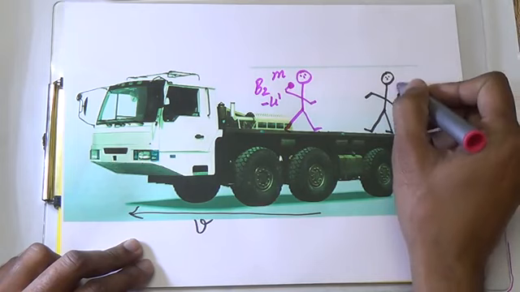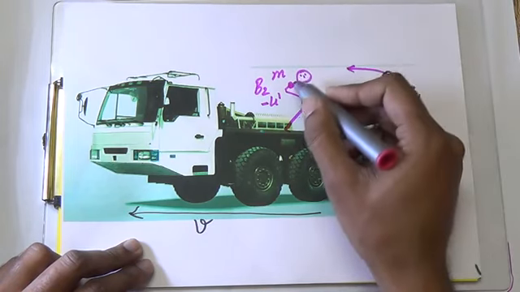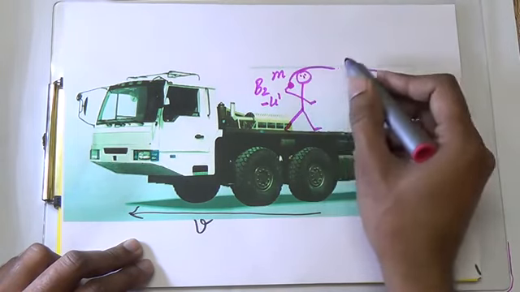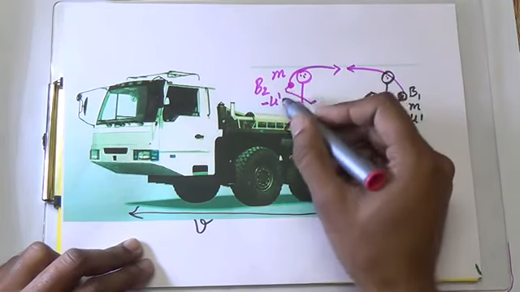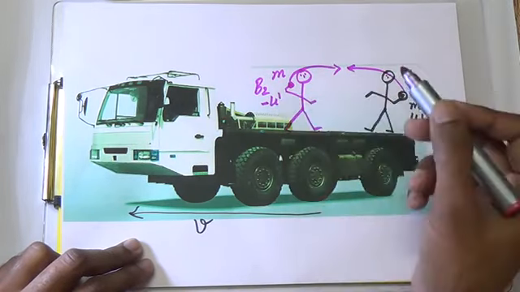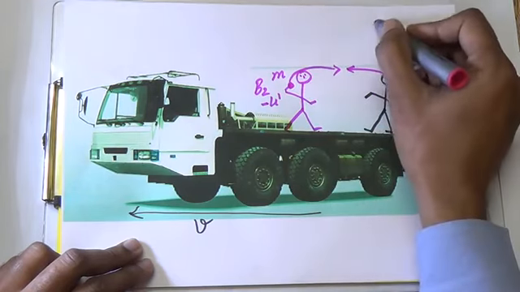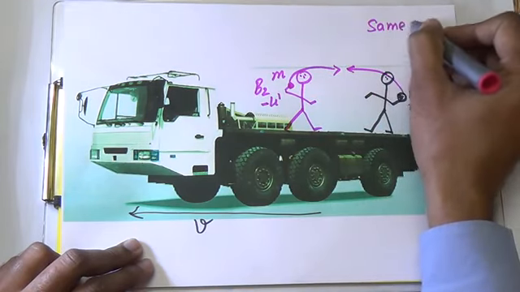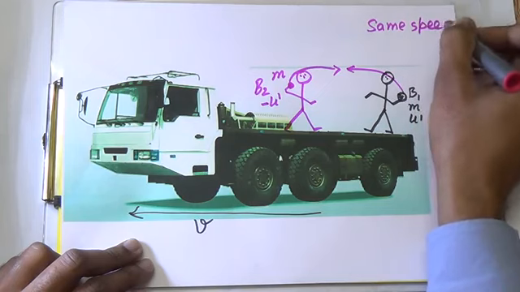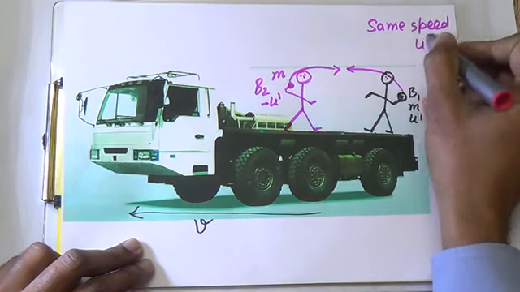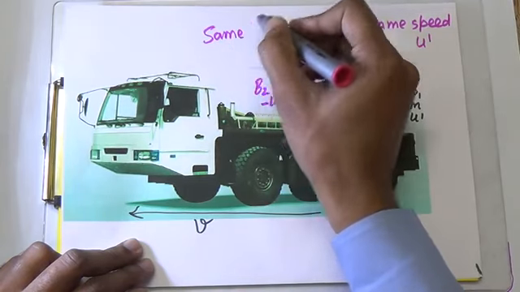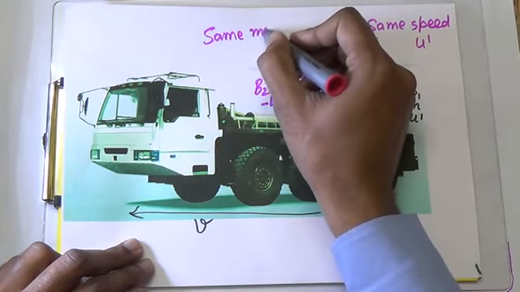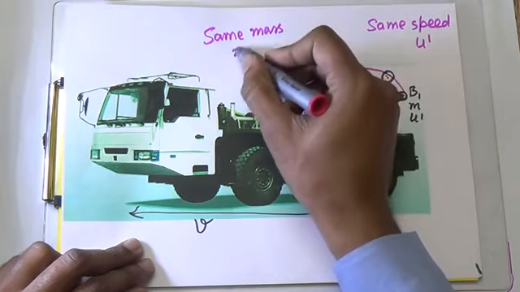So this man throws a ball and this man also. The speed of the ball is u prime, the same speed, and the same mass m for the two balls.